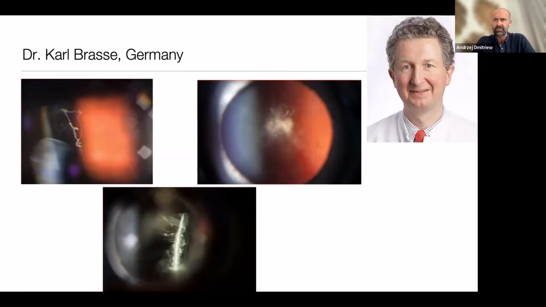Dr. Brasse is doing a great job, and is trying to show us that it's really just the way you position the source of light to find out whether this floater can be significant for our patient. And it's probably one of the reasons why so many of us don't see the floaters during fundus examination. So it's a reminder: try to use coaxial illumination, but at the same time, try to use the light on the sides from time to time, just to see the cross-section of the vitreous and maybe see more than just the central red reflex.